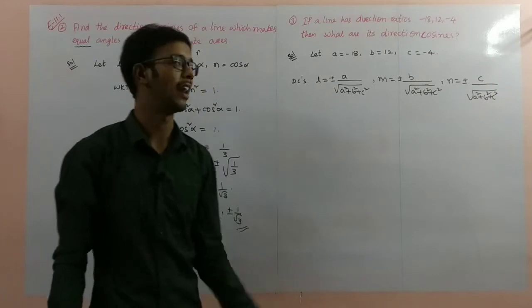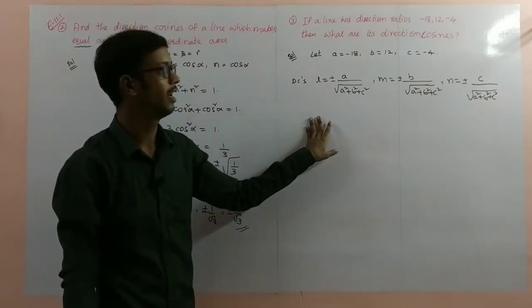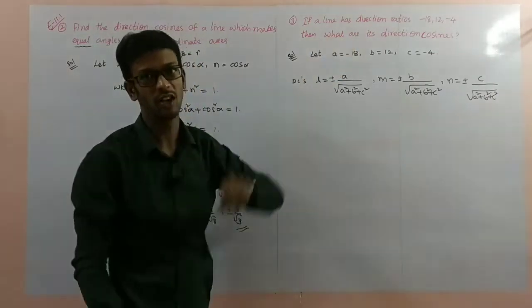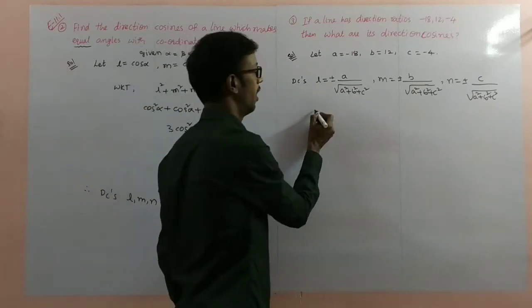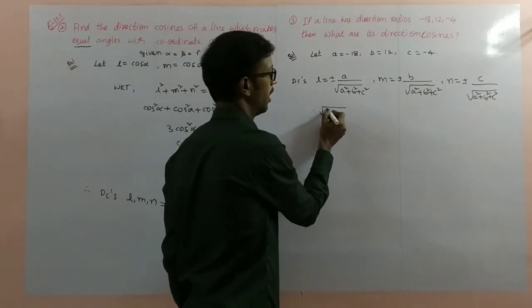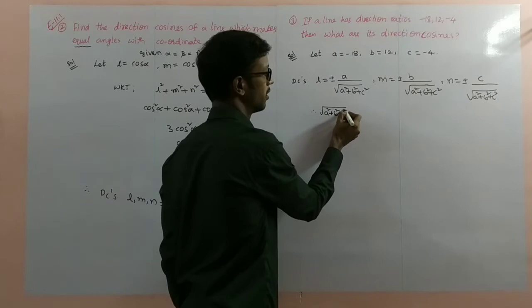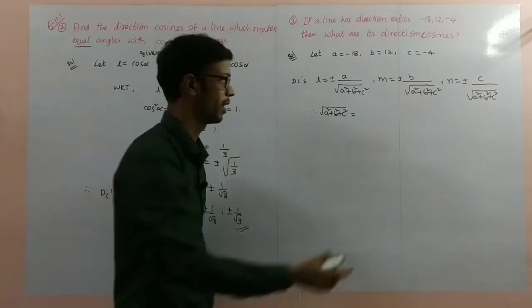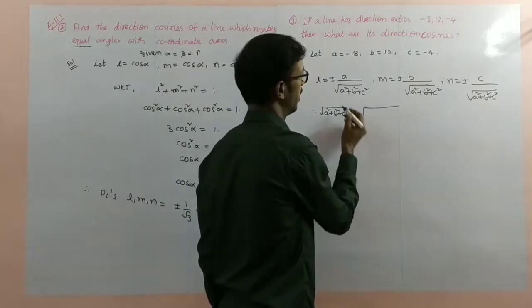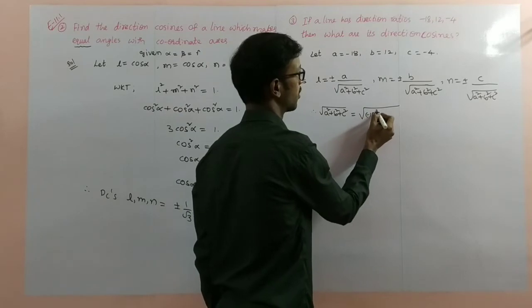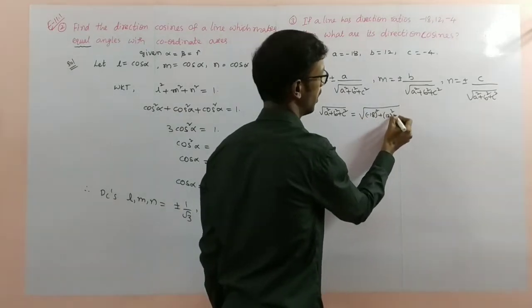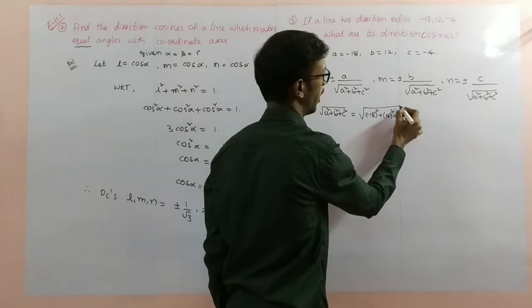So these are the direction cosines of a line if you know the direction ratios. First of all, you have to find the square root of a square plus b square plus c square, that is square root of minus 18 square plus 12 square plus minus 4 square.